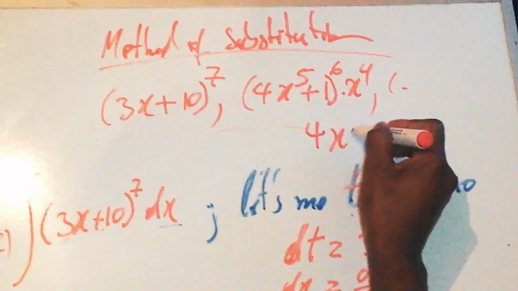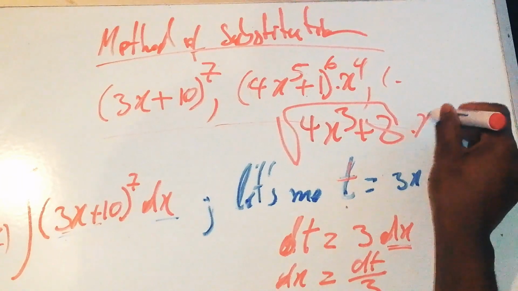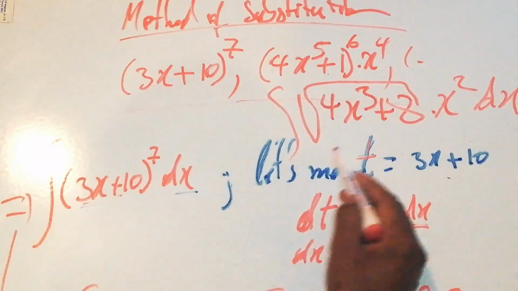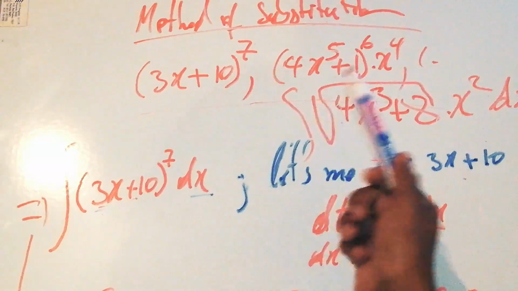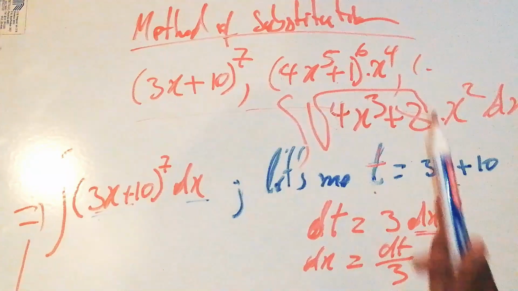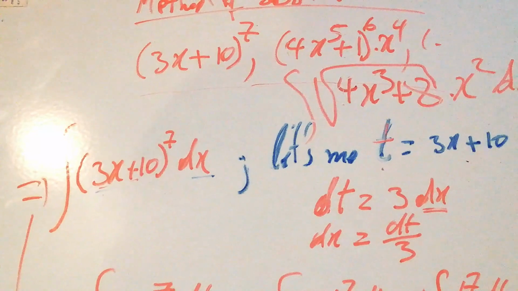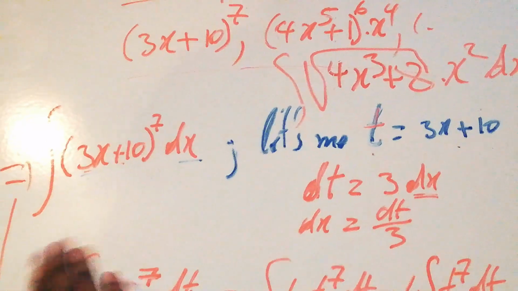It's like 4x squared plus 8, and then I have x^2 dx there. Consider that expression equal to t, whatever you want, but make sure it does not confuse you. I'm going to leave you some exercises. Pause the video, work out the solutions, and then we'll take another step further.